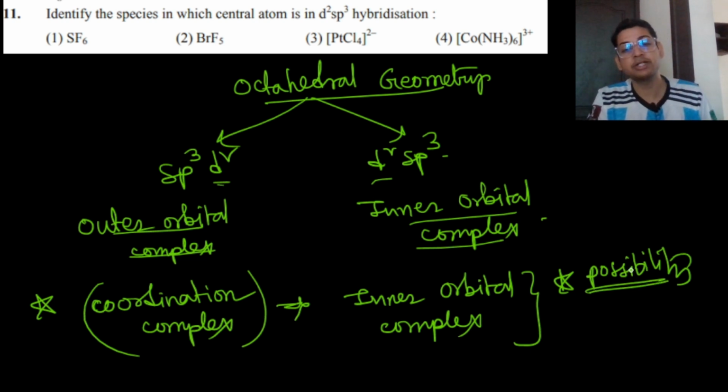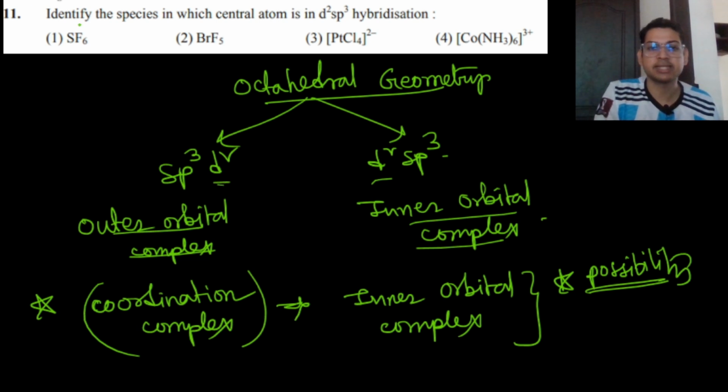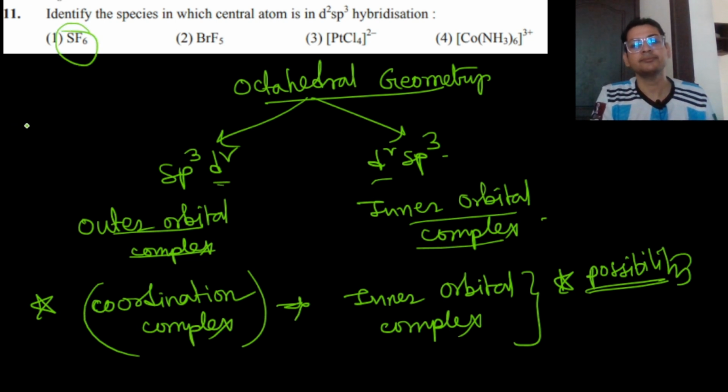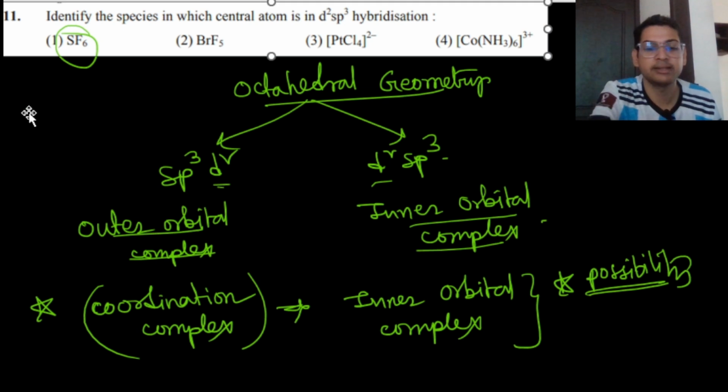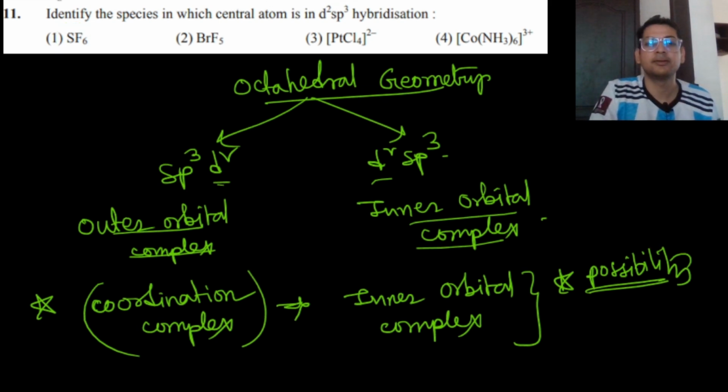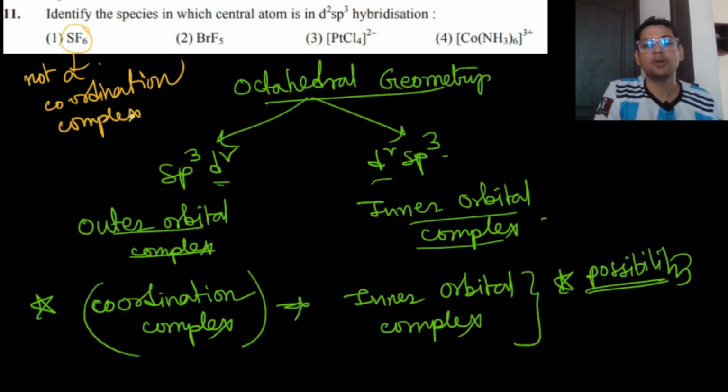That means in coordination complexes, outer orbitals are also possible, inner ones are also possible, but if it is not a coordination complex, it should always be outer. For example SF6, it is not a coordination complex. So here it should always be outer.